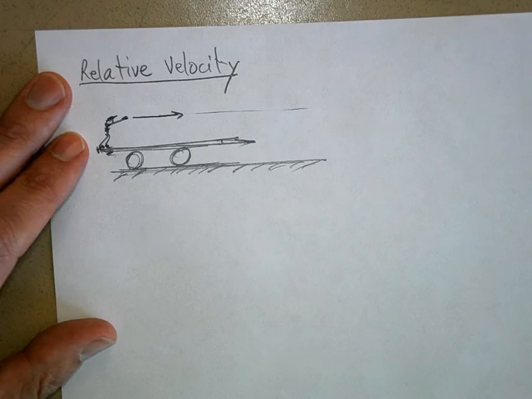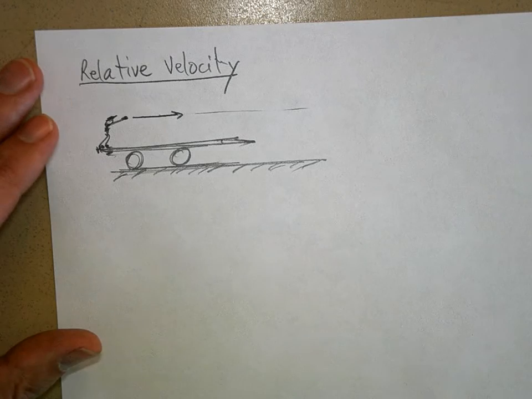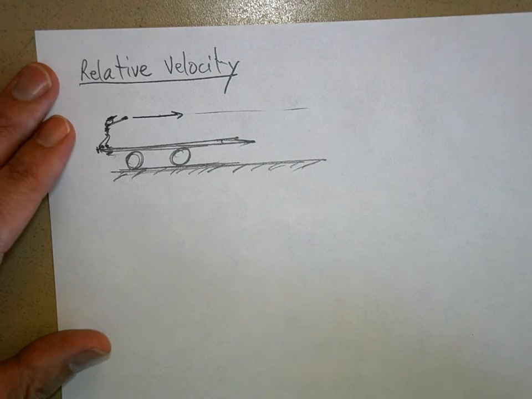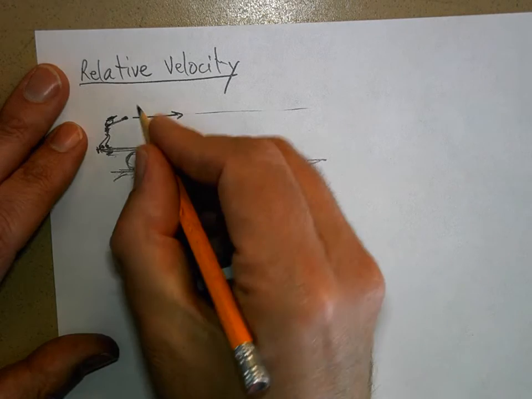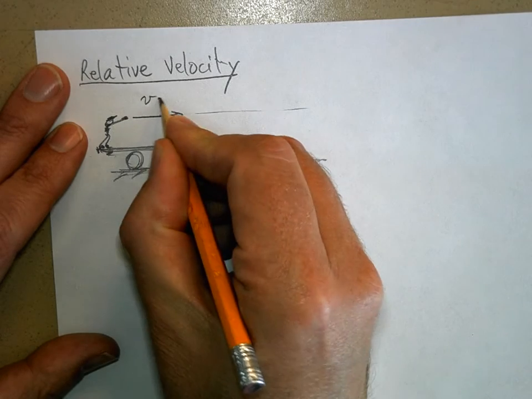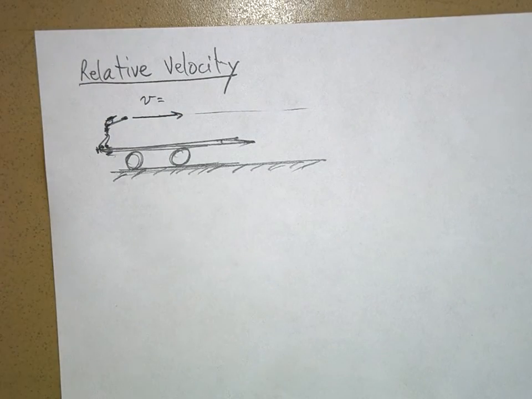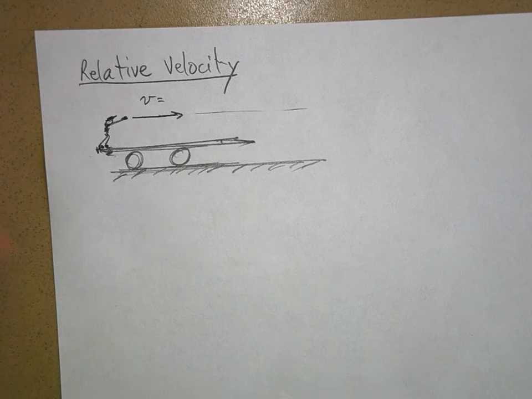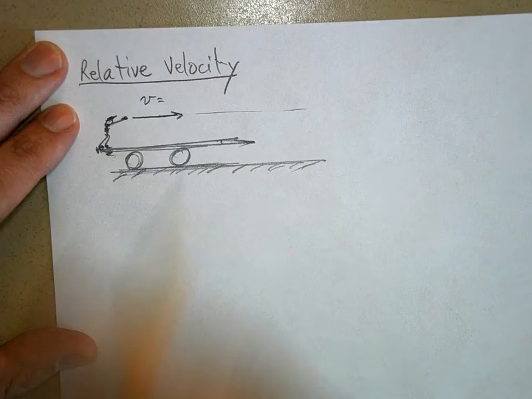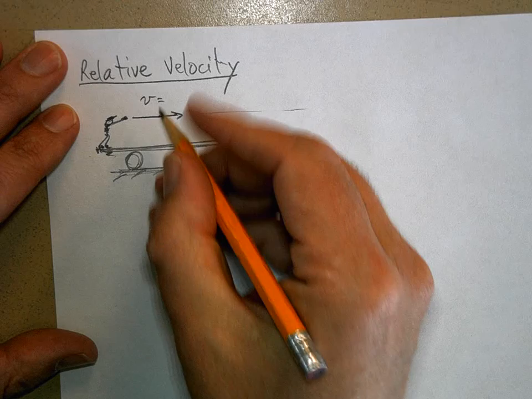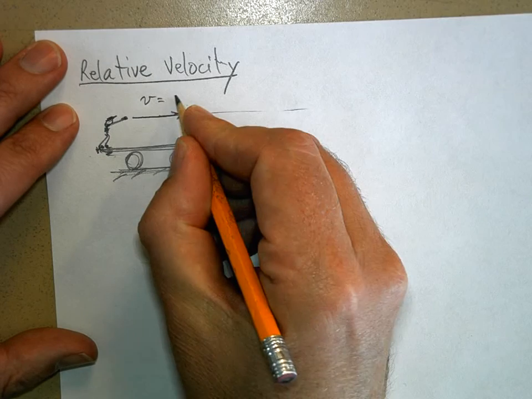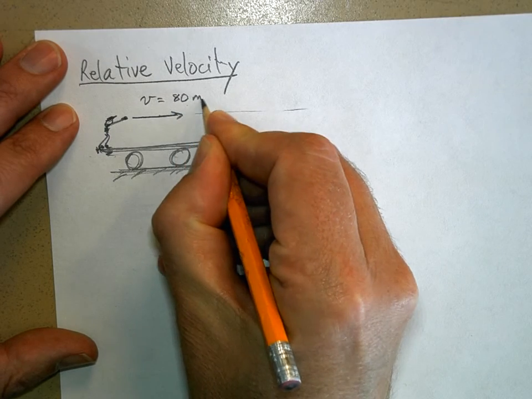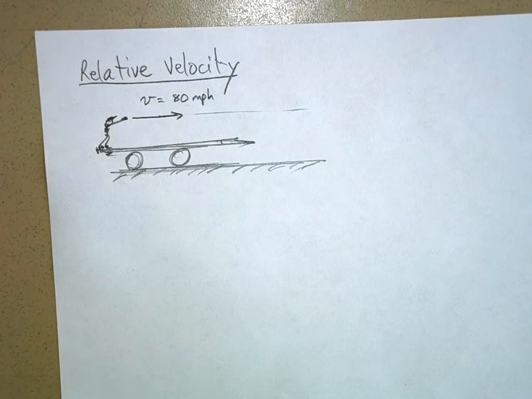This is the velocity. Let's say he throws the ball, and the velocity of this ball is maybe 50 meters per second. Well, let's use miles per hour. That's okay. So let's say he throws it and it's going 80 miles per hour.